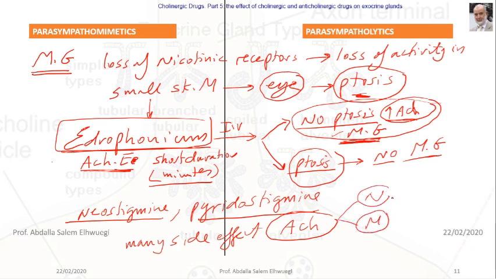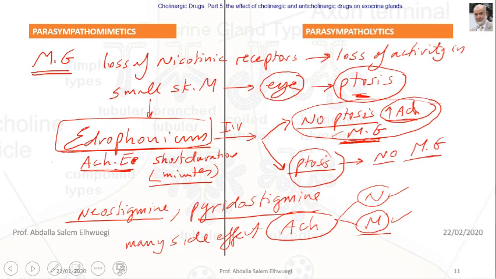Therefore, we will see nicotinic effect by improving skeletal muscle activity, but as well we will see muscarinic effects like gastrointestinal cramps, increased gastric secretion, miosis, diarrhea, nausea, and many other side effects. So these are the uses of cholinomimetics, especially the anticholinesterases, in the treatment and diagnosis of myasthenia gravis.